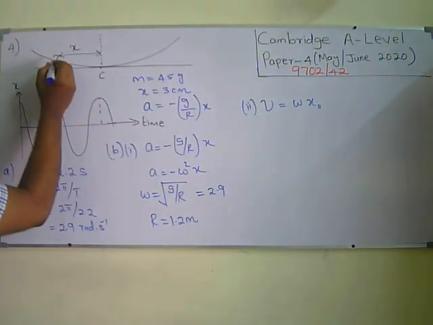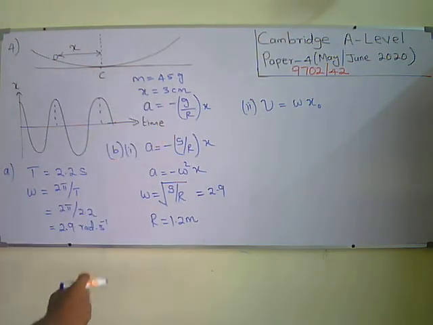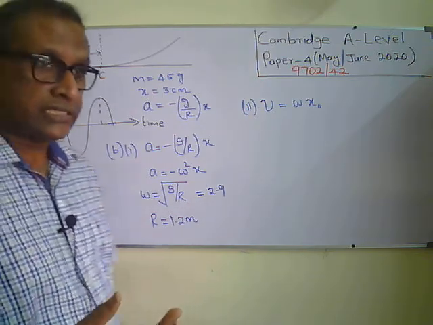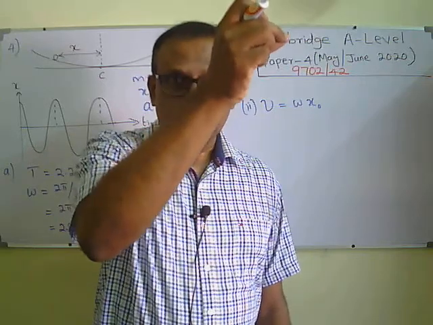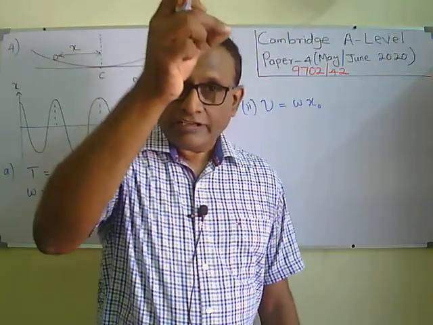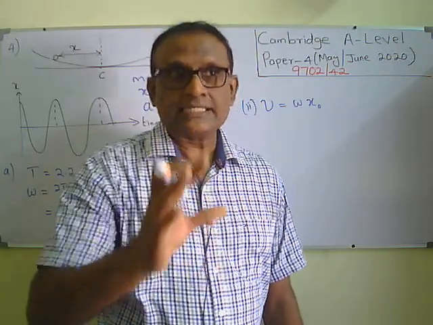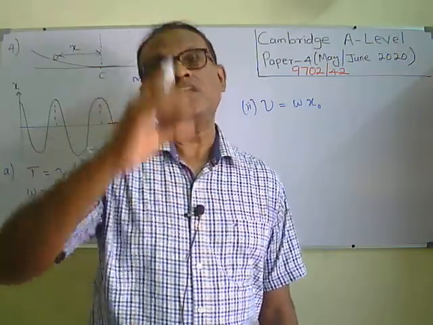They are saying initially it was held at a distance of 3 centimeters. In simple harmonic motion, whether it's a spring-mass system or any oscillation like that, if you pull the system from equilibrium position through a particular distance and leave it, that will be the amplitude.